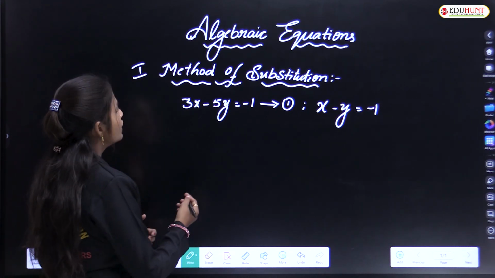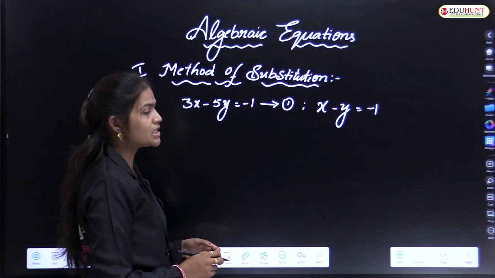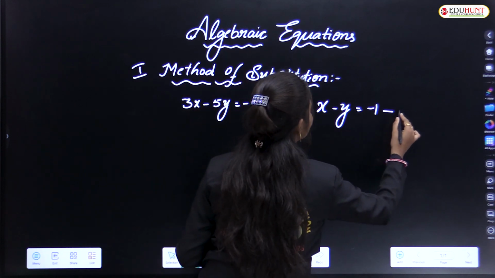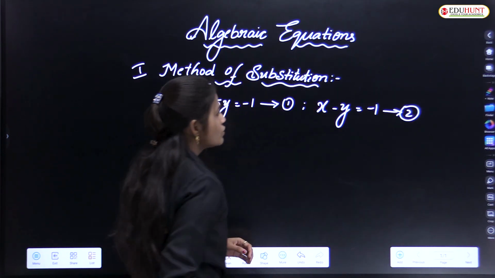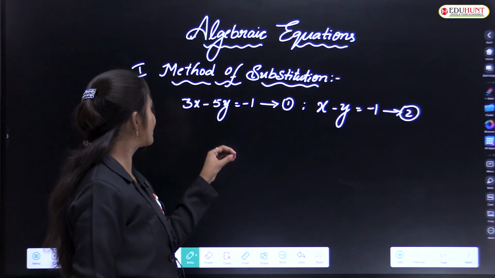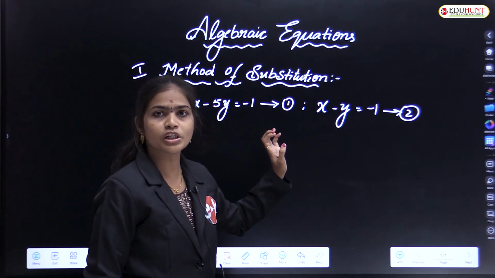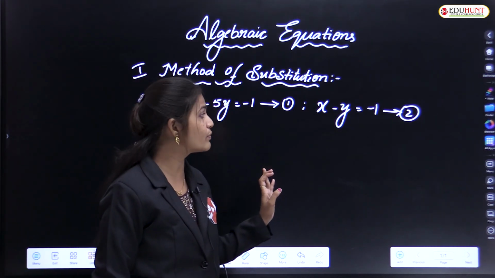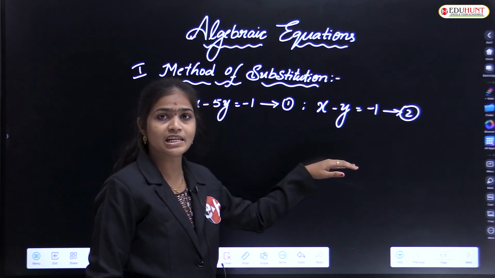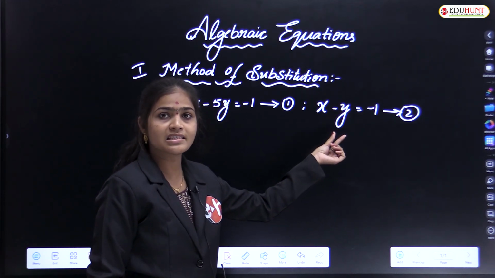Well, let us see. Here I have taken two equations, no? This is the first equation and this is the second equation. It is better to choose the easiest equation. Easiest means the one where a coefficient equals 1, coefficient of x equals 1 or coefficient of y equals 1. That's why here the possibility is there.